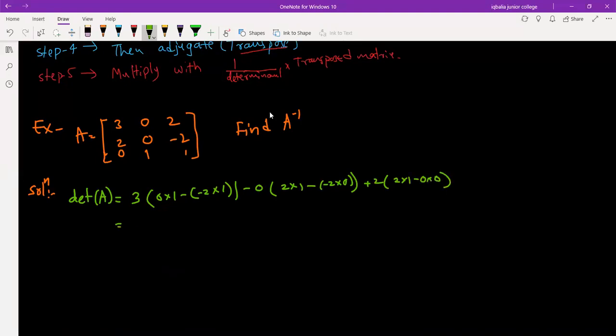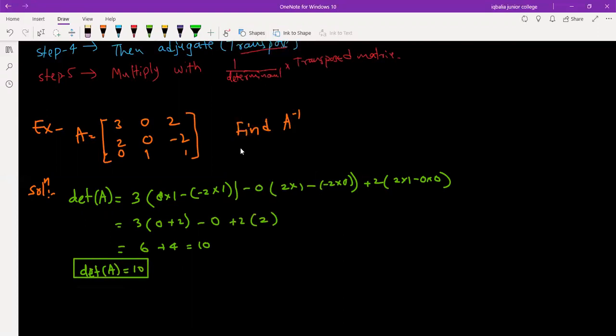So here this is 0, so this will be 0, minus will be plus 2, minus 0 plus 2, and here we have 2. Again 2 3s are 6, minus 2 2s are 4. So here I have a 10. So determinant A is nothing but 10.